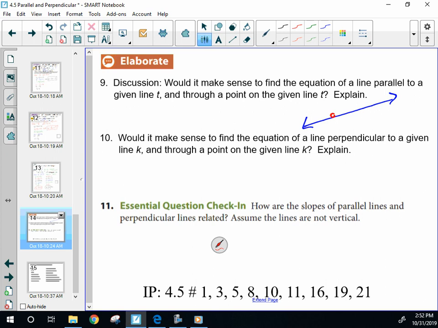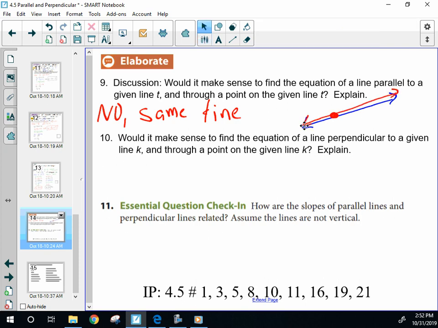And it has to go through a point that's on T. What can you tell me about that line? Would it make sense? No. Why not? Because if it's got the same slope, it's going to end up being the same line. I drew it off a little bit here so you can see the difference, but they're really the same line.